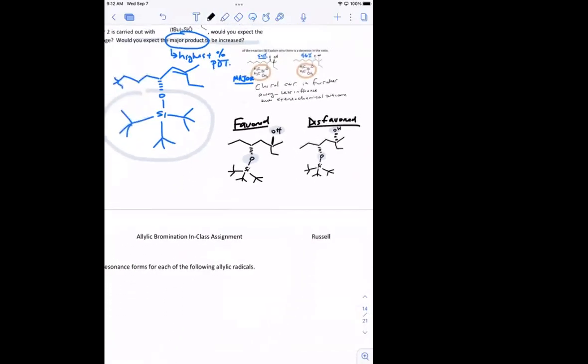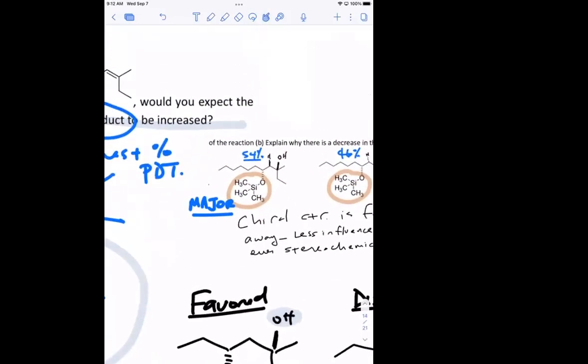So the question is, would you expect that to be more of the favorite product for this reaction when you change that substituent? And I think that you, Cecilia, I think your answer to that was yes. Is that right? Yes, sir. That would be increased and the other one be decreased. Yes. So yes.